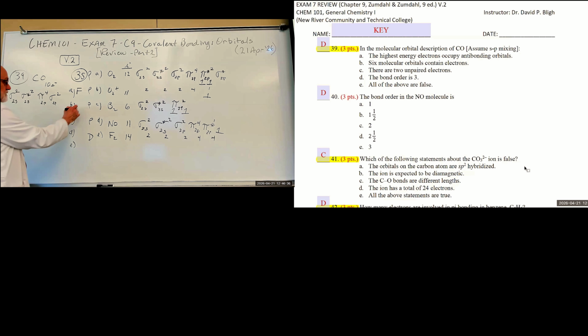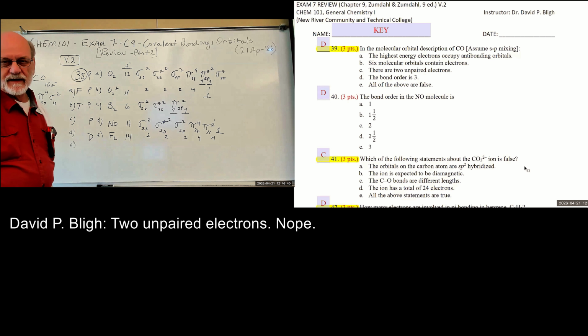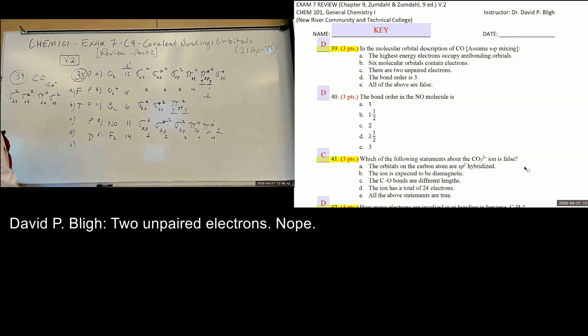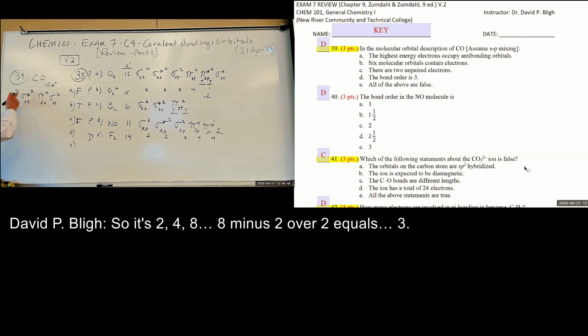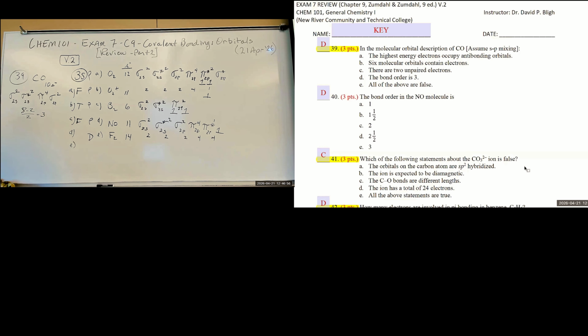So that's true. B is true. 2 unpaired electrons. Nope. And D, the bond order is 3. So it's 2, 4, 8. 8 minus 2 over 2 equals 3.